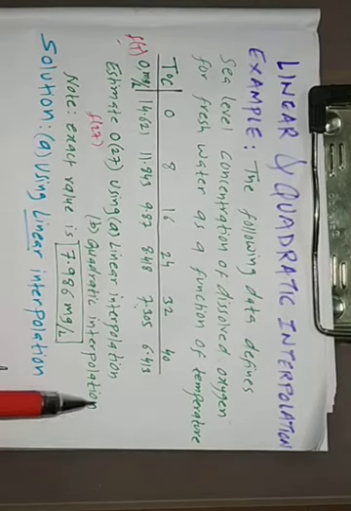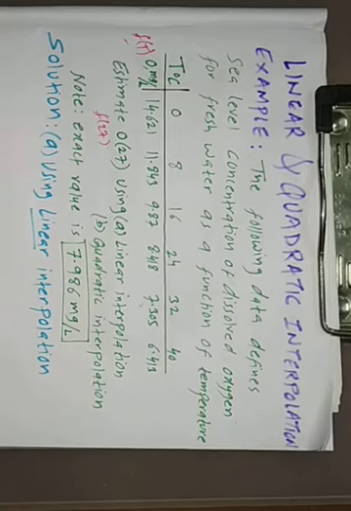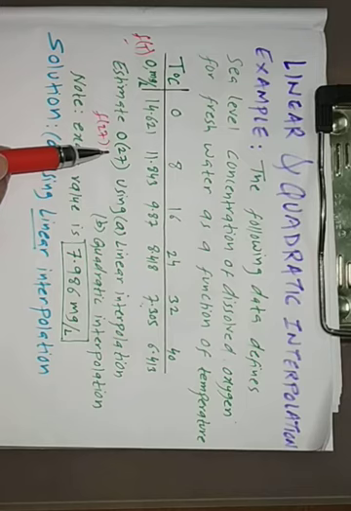So using linear interpolation and quadratic interpolation. Now for the sake of comparison of the results of linear interpolation and quadratic interpolation, we have got this exact value at the temperature 27 degree.